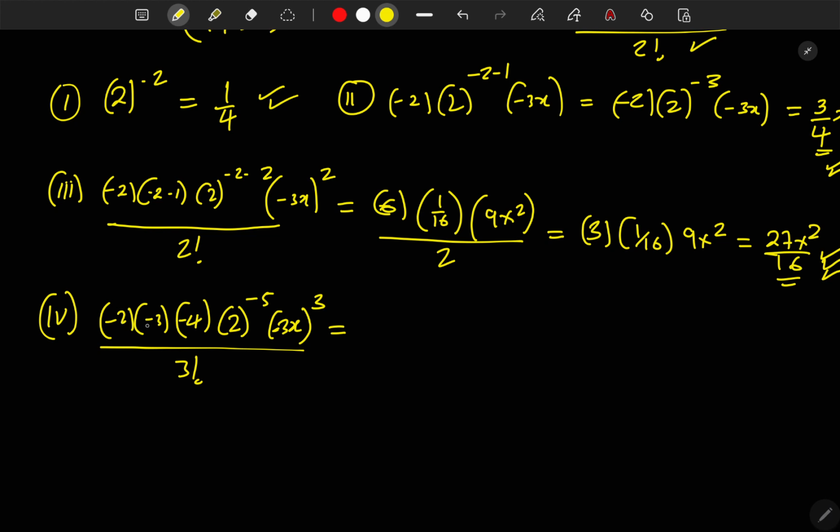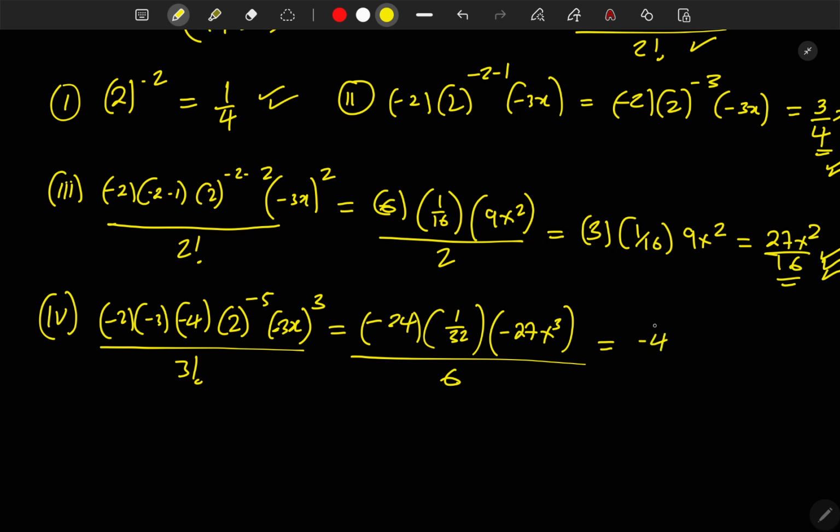Evaluating this, we have negative 6. What is negative 6 multiplied by 4? We get negative 24. We keep. This is a negative power, so we are going to have 1 over 32. Then cubing negative 3x will give us negative 27 x to the power 3, over 3 factorial, which is 6. 6 can go into 24, which is 4 times.